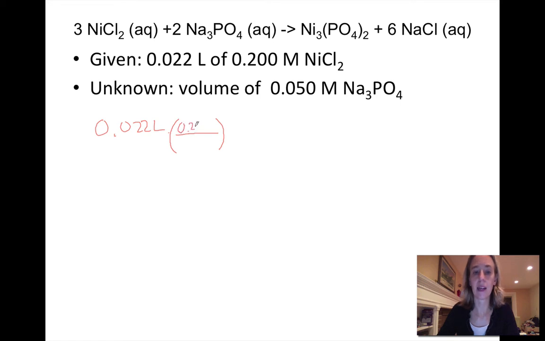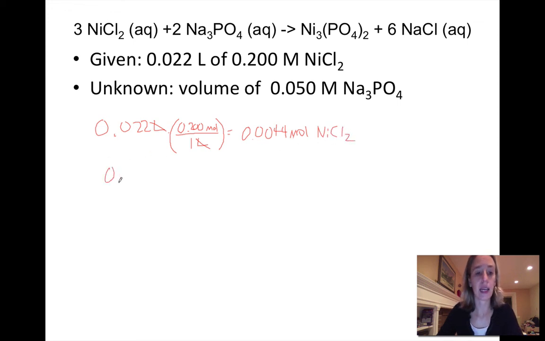I can set this up and say that in every 1 liter of solution there are 0.200 moles, and so using that allows the liters to cancel out. Mathematically, we're just doing the same thing as plugging into the molarity equals moles over volume formula. But we get the same value for the moles of nickel chloride, 0.0044 moles of nickel chloride.